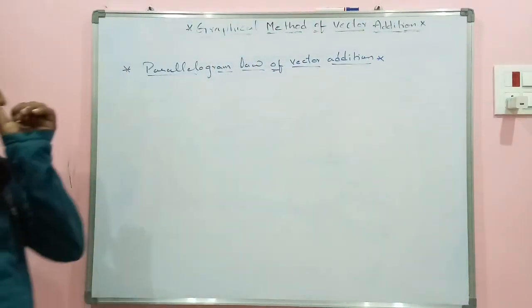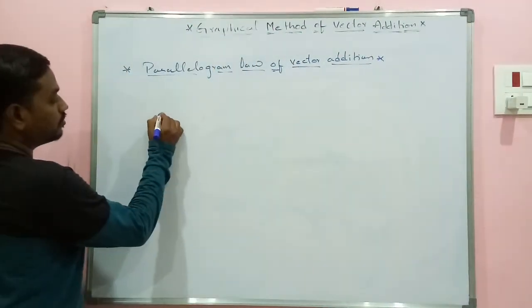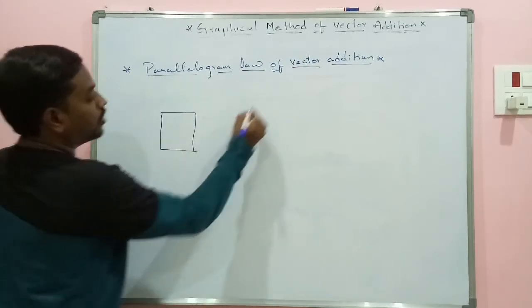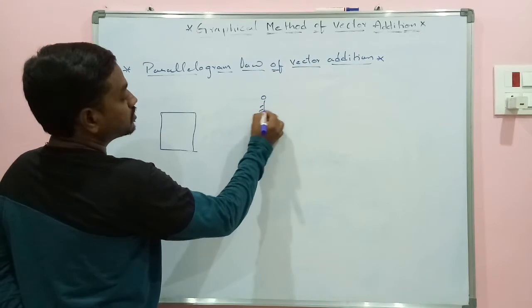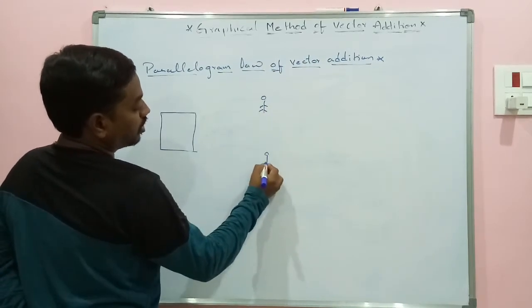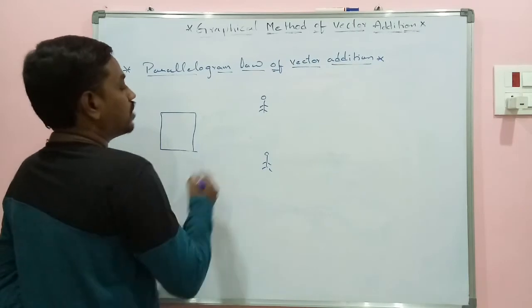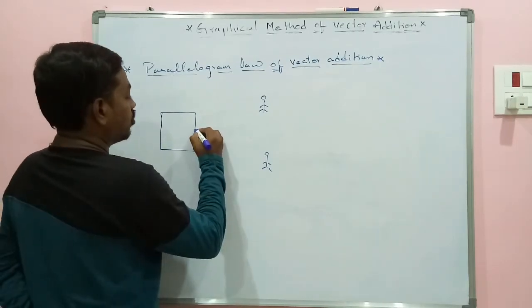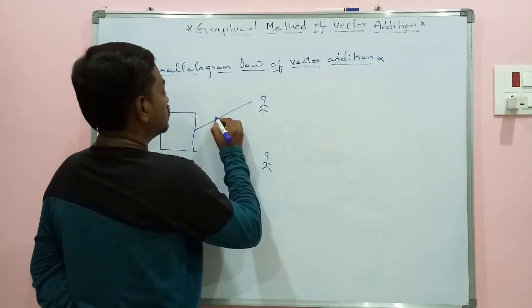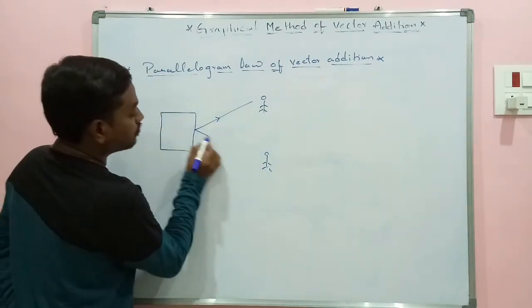Parallelogram law. Imagine you have a box here. Two people standing at this and they both are applying force on it. One person is applying force along this direction. Imagine, the second person is applying force along this.